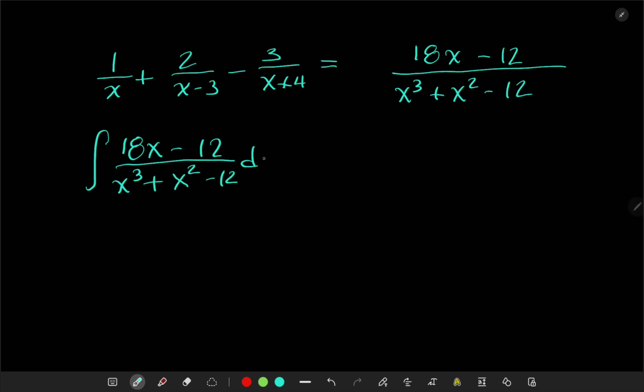And you start looking, well, maybe if I do a u substitution on the denominator, if you do u equals x cubed plus x squared minus 12, you would have that du is going to be 3x squared plus 2x. You don't have that up here. So you realize that maybe I can factor, and there's a common factor here, and I can cancel things.